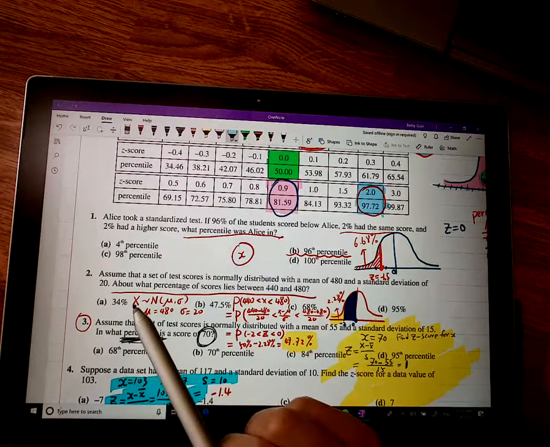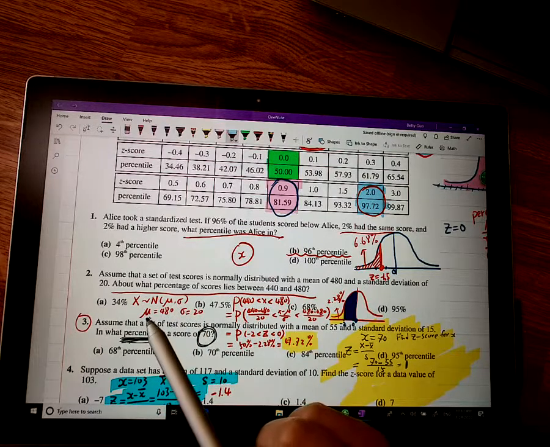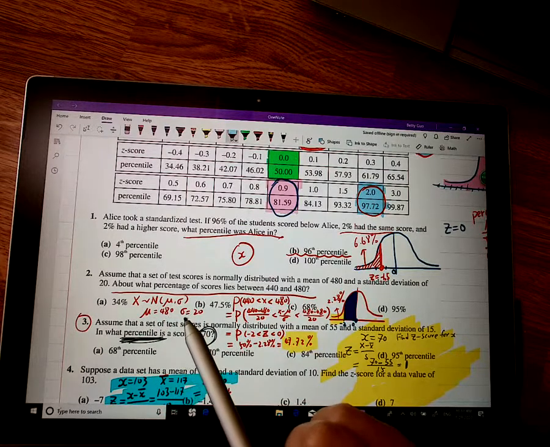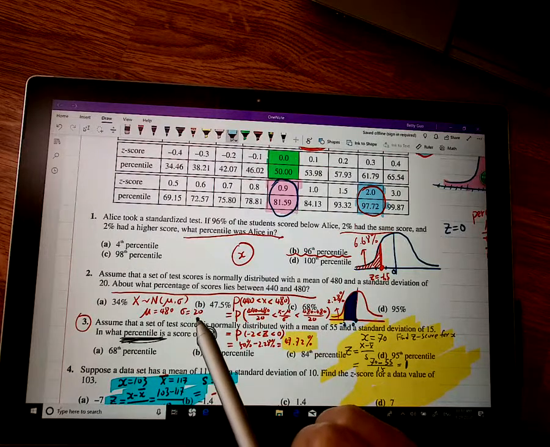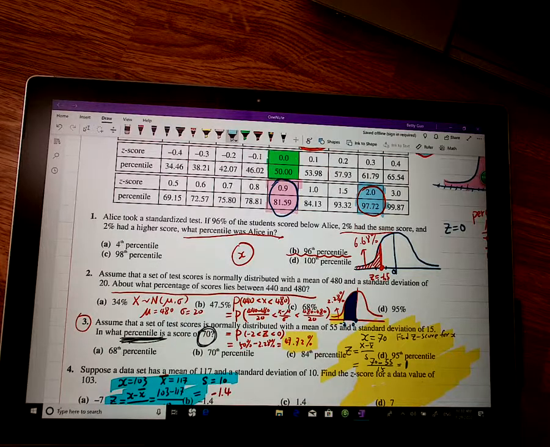So here X is the population. X is normally distributed. X is all the scores for the test, for the standardized exam. It is normally distributed with mu, the center, 480, and standard deviation sigma 20. And we are looking for the percentage of scores that lies between 440 and 480.